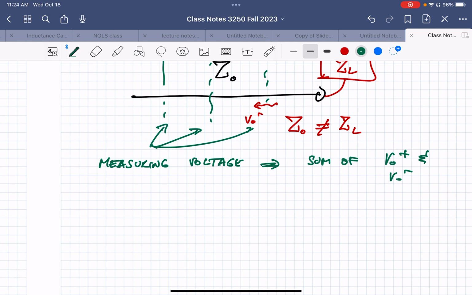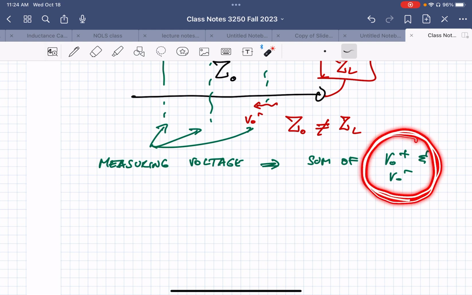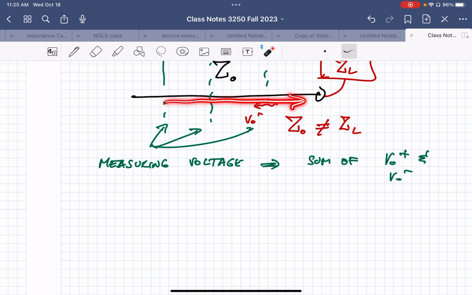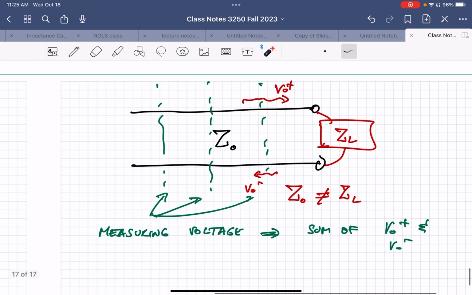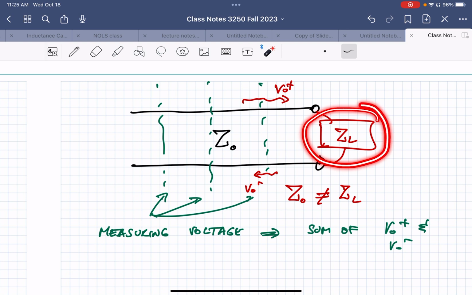Okay, and by looking at the amplitude of this value along this transmission line, we can find out something about this load impedance. The reason is, in practice it's easy to talk about what load impedance is, but it's usually very difficult to directly measure this load impedance, especially at high frequency.